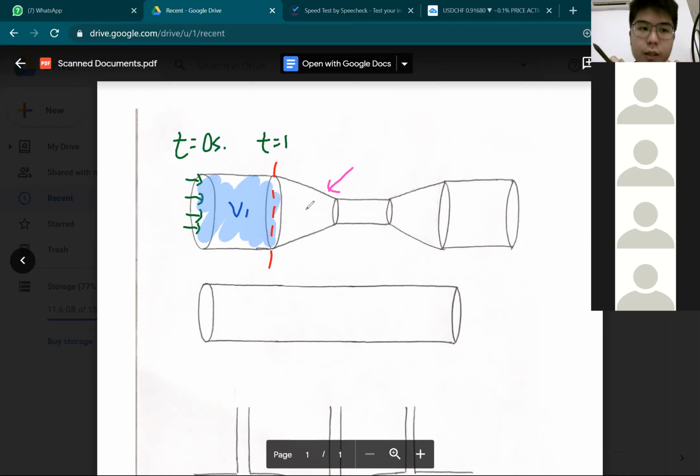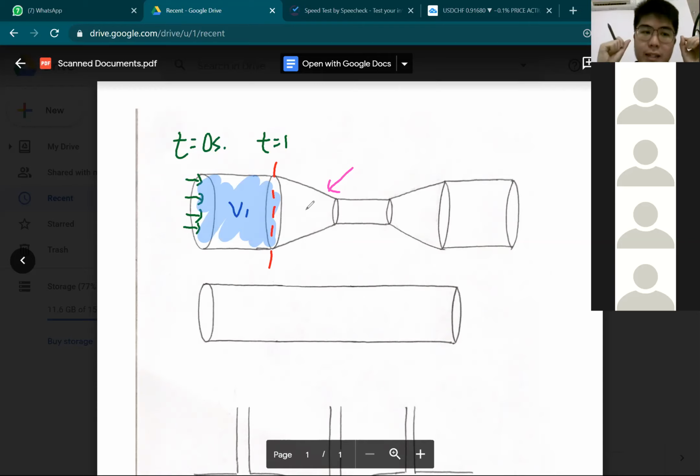Previously we talked about water being incompressible. You cannot compress water, but you can compress gas. So if you cannot compress water, and water has to maintain the same flow rate, they have to make it past the red line in just 1 second, even though the next chamber has a smaller volume. They have to somehow think of a way to make it past the red line.